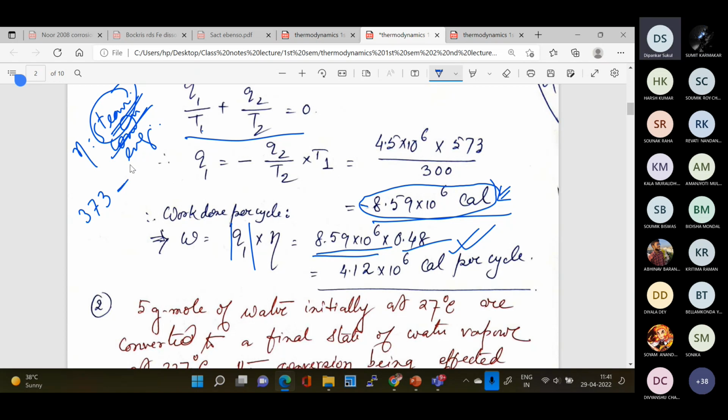If we consider 300 Kelvin as atmospheric temperature, divided by 373. So this is the maximum possible efficiency of a steam engine under normal condition. If you increase the pressure, then the temperature of steam will be higher, and then the efficiency will be slightly higher. But under normal atmospheric condition, this will be the maximum efficiency of a steam engine.